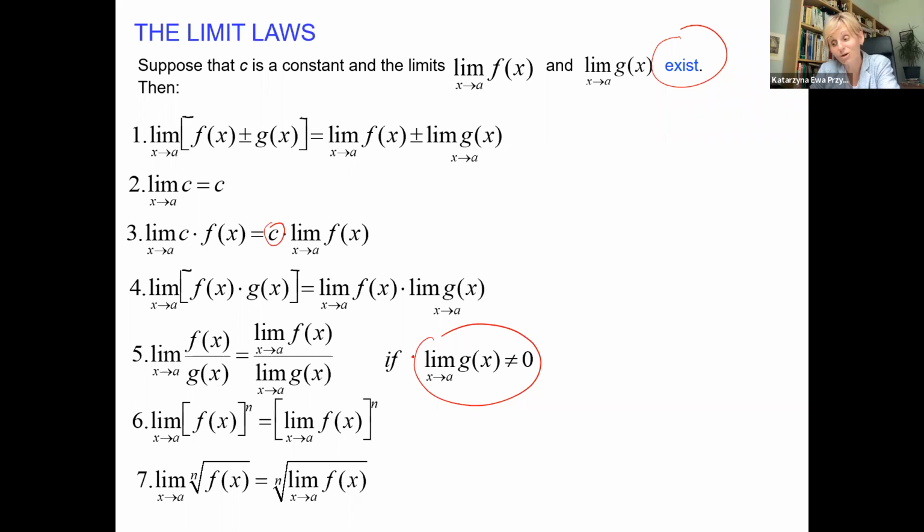Number six, the limit of the power of a function is just the power of the limit. The limit of the nth root of the function is the nth root of that limit, knowing that the limits exist. And then, of course, we need some algebra to compute this, but that's old stuff. We know how to do the algebra and arithmetic together.